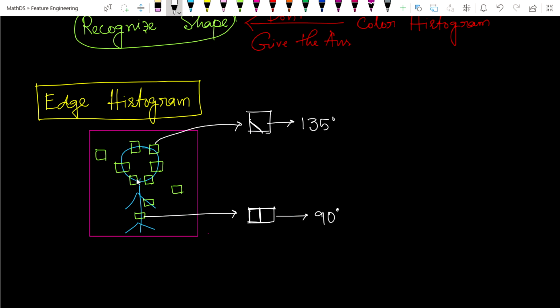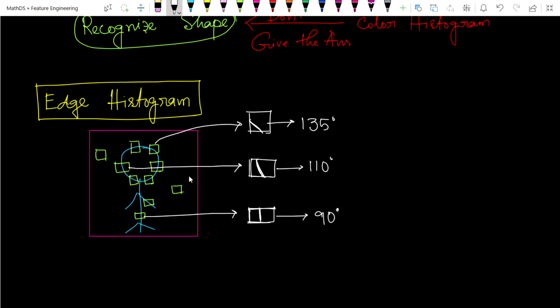If you take a line like this, the angle would be something like 135, or a little bit smaller, like 110.